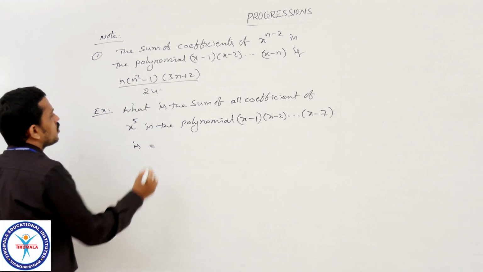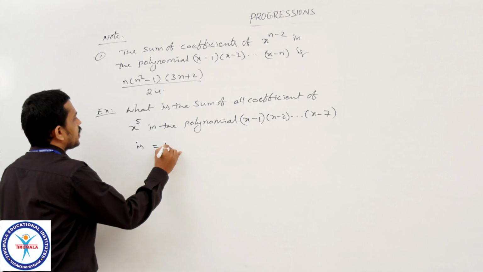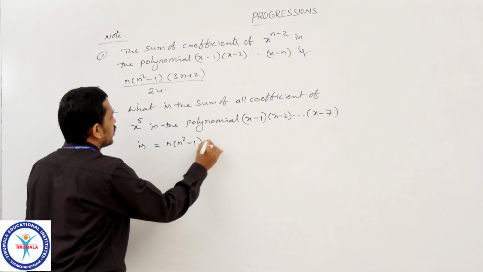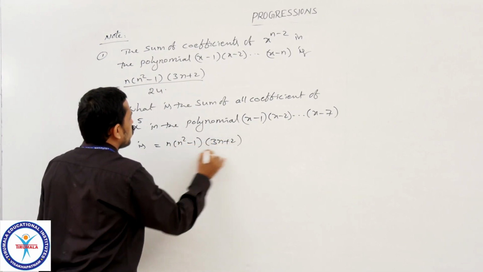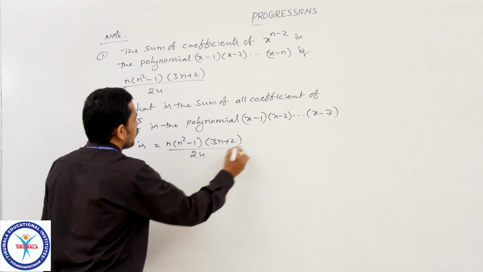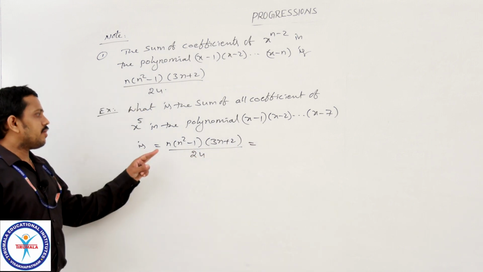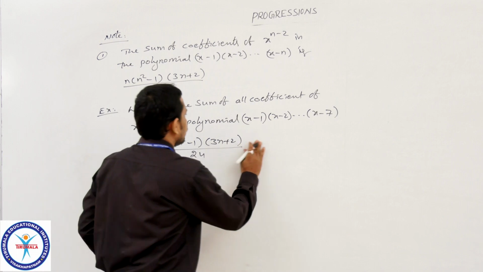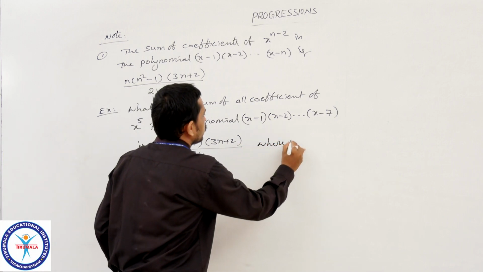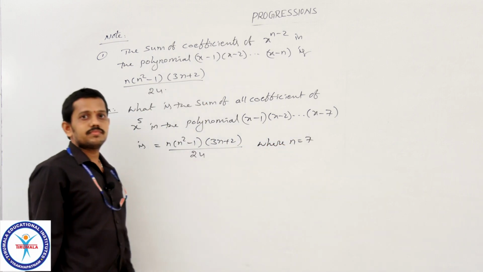What is the formula? n(n² minus 1)(3n + 2) by 24. Here what is n? 7, where n is equal to 7.